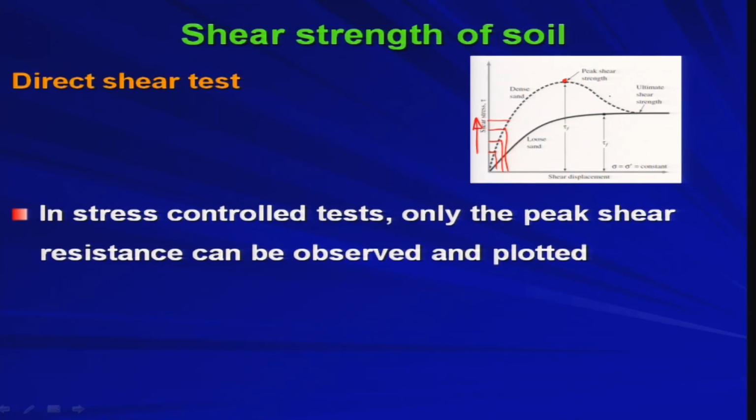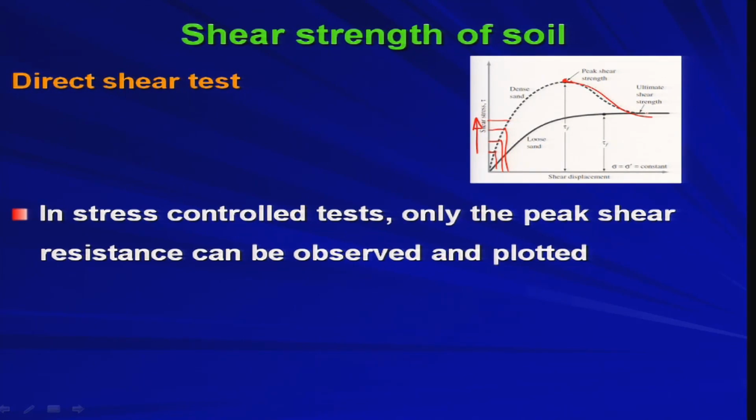After the peak, the post peak part you will not be able to capture, because you control the stress by increasing it incrementally. That is the disadvantage of the stress control test. So only the peak resistance can be observed and plotted.